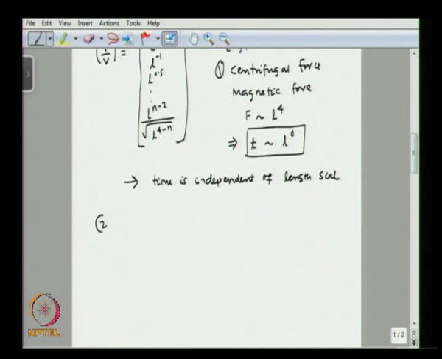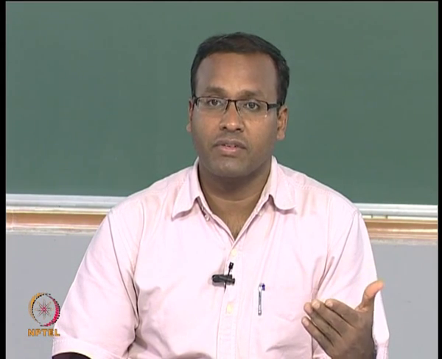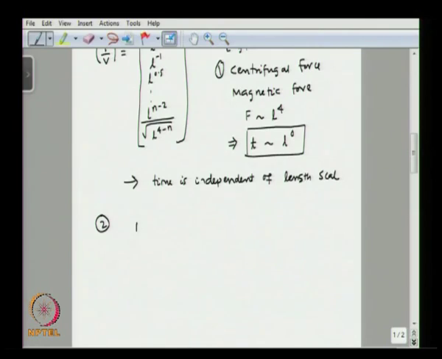The second observation is that the maximum scaling is going to be for mass moment of inertia, where it is going to scale as L to the power 5. Okay. So, for mass moment of inertia going to scale as L to the power 5, then we can see that time t is going to scale as L to the power minus 0.5.